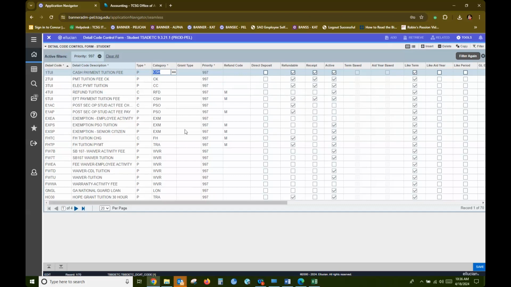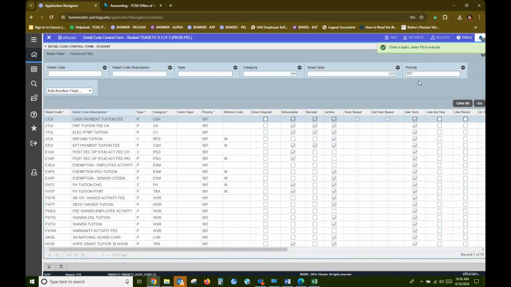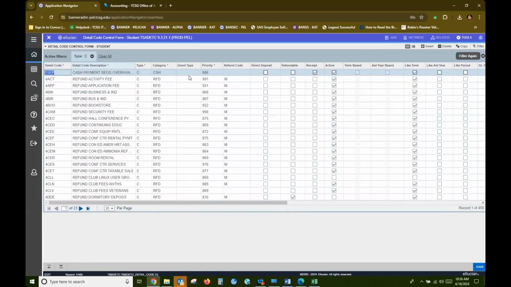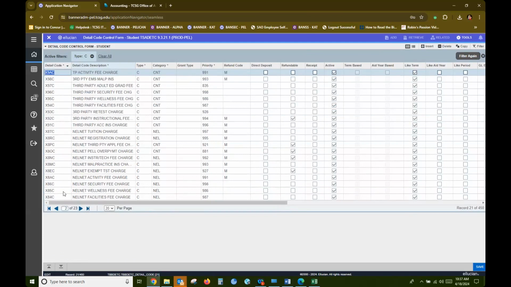So, for example, let me clear this out. If I want to look at charges, let's get out of the fours. Let's just reorder that. These are refund codes, but I don't want to be in the refund codes.